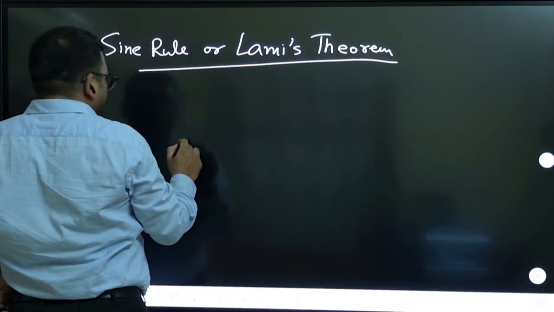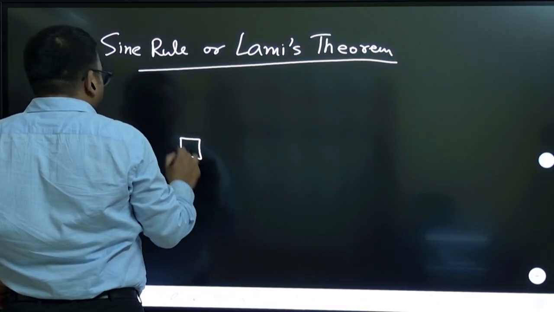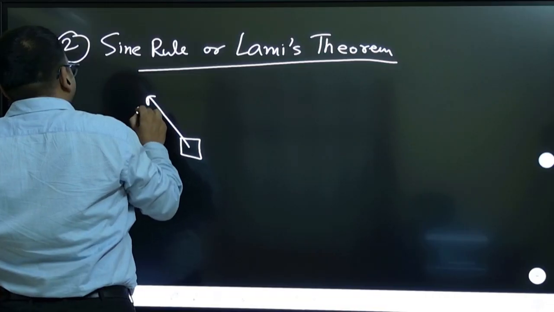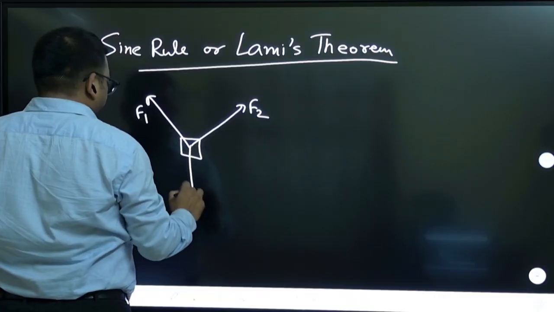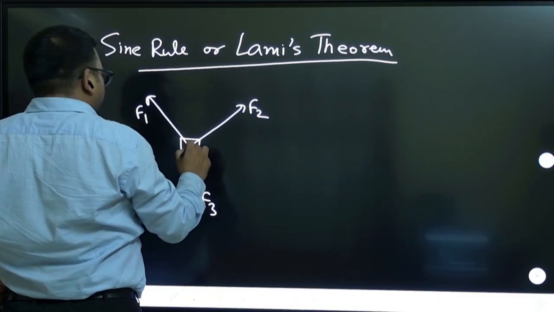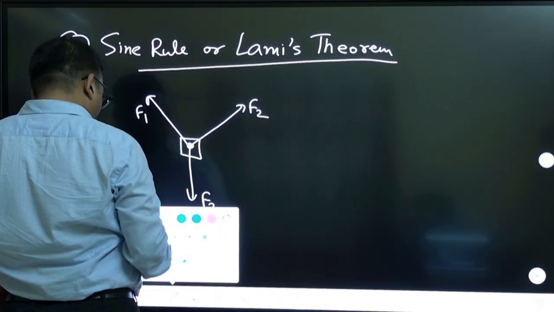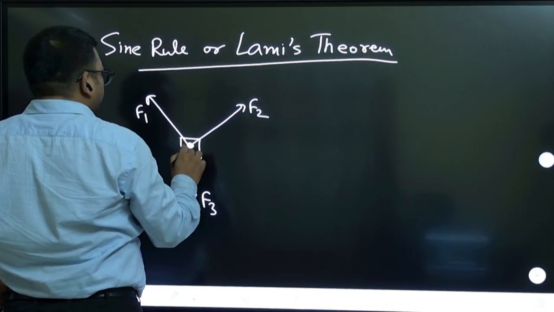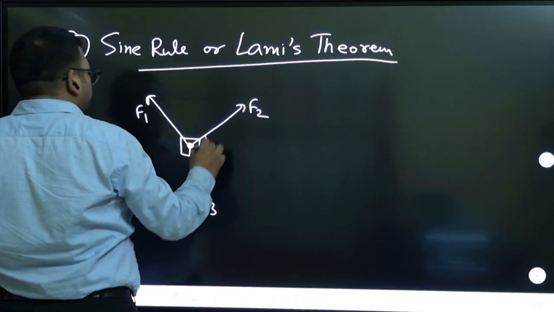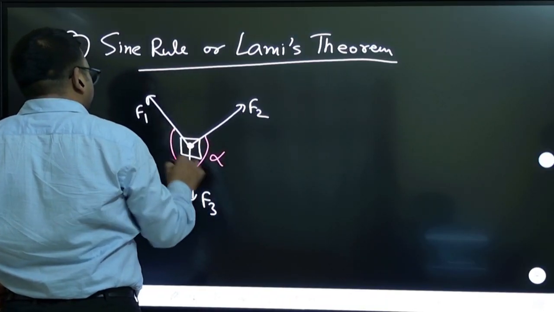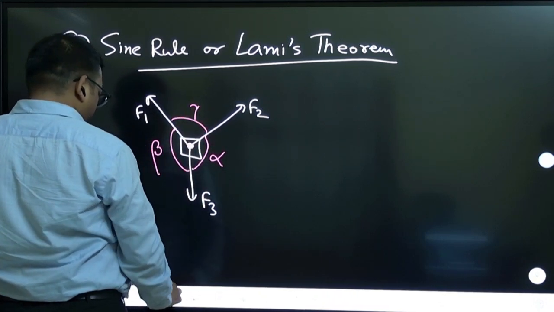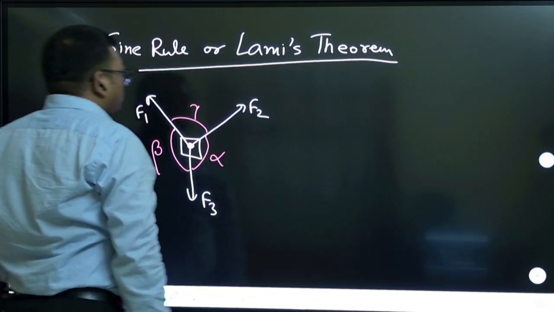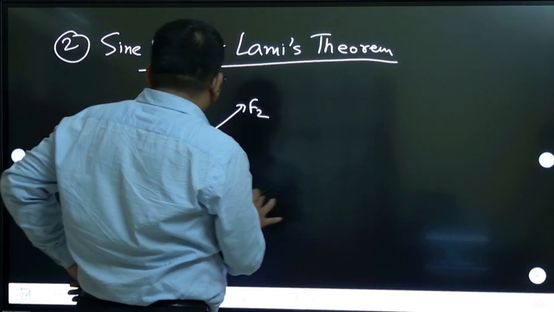So suppose there is a body on which three forces are acting: F1, F2, F3. These forces are concurrent, or we want to make them concurrent, and opposite to F1 is angle alpha, opposite to F2 is beta, opposite to F3 is gamma. Okay. I can draw them as a triangle also.